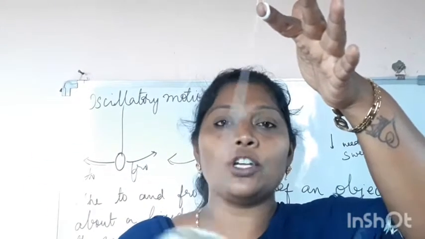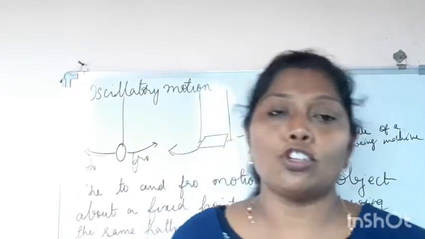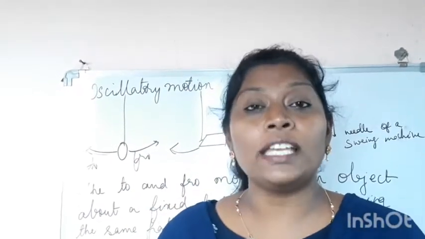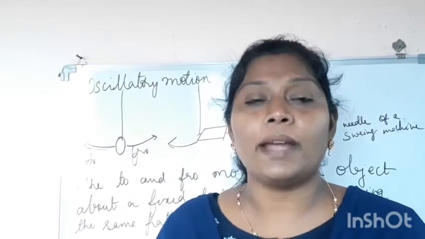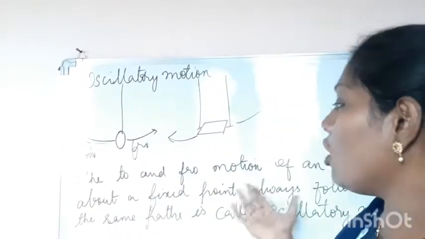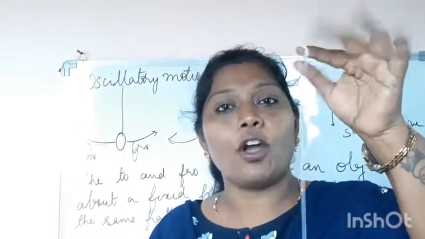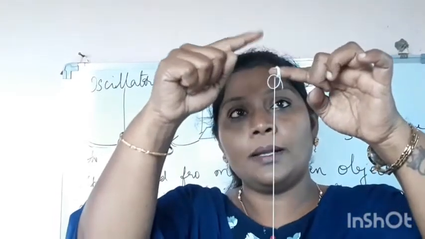So now you can clearly understand what an oscillatory motion is. The motion which follows a particular path of movement, that is to and fro, and it is always about a fixed point. So it has a fixed point here, which is hanging from my nail.